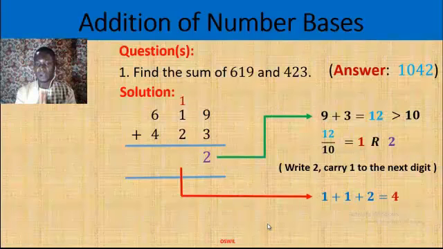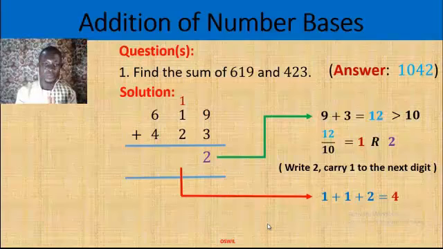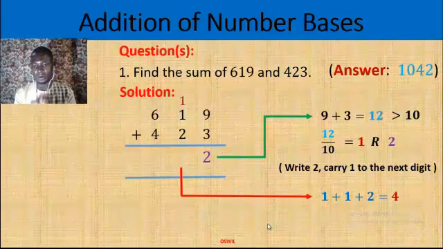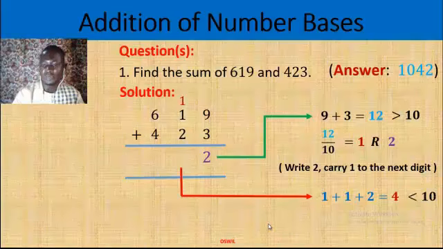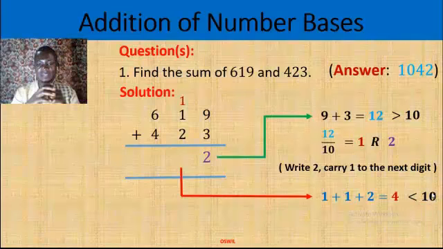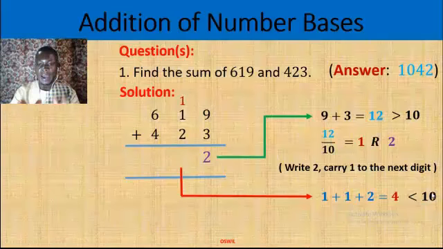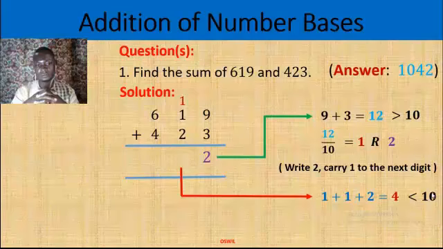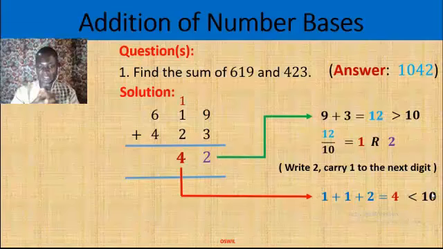Then, because we are dealing with base 10 numeral, we compare our answer to the base, and we see that 4, which is our answer, is less than the base. And when it is less than the base, then you write that answer down. Don't do anything to it other than to write it down.